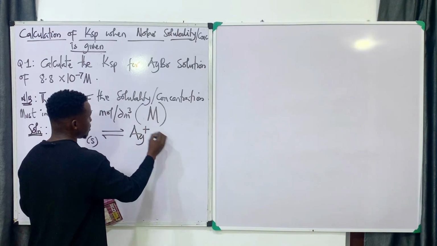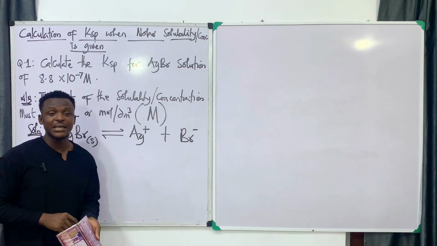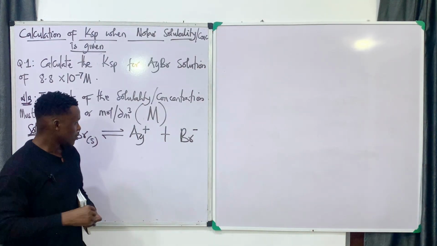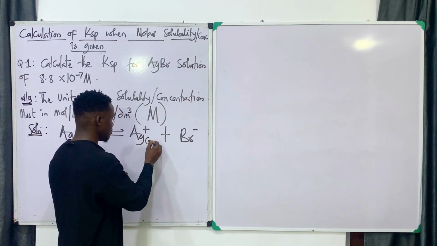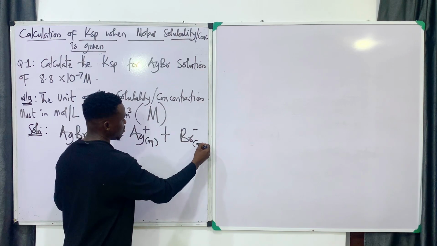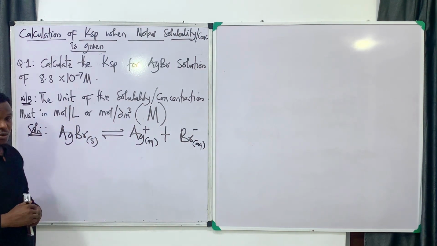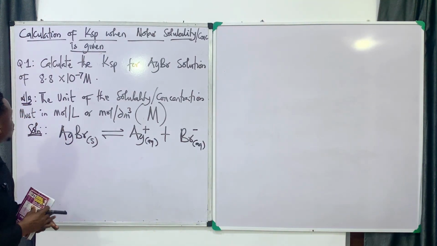Ag is always plus and Br is always minus, because Br and Cl belong to the same group, so their charges are the same. So I'll come down here and say this is aqueous and this is aqueous.